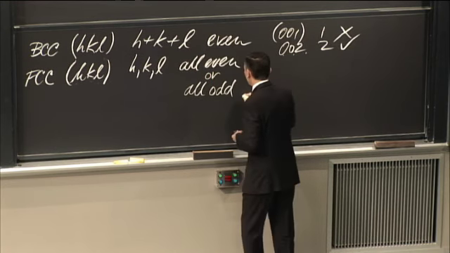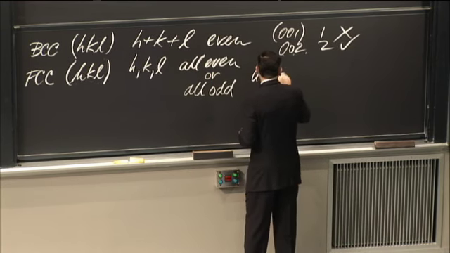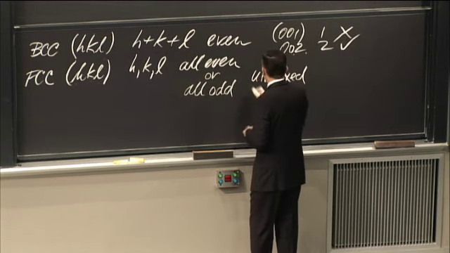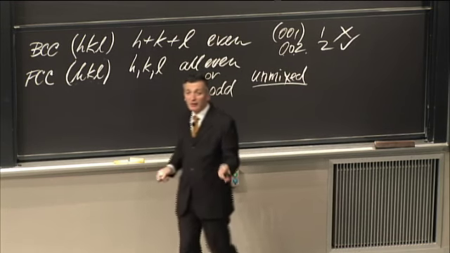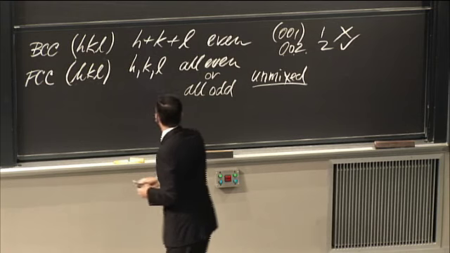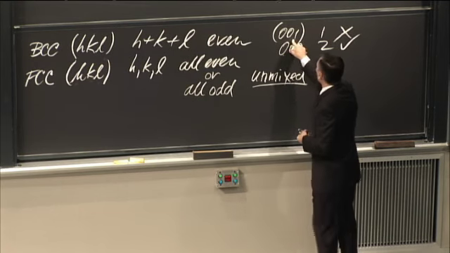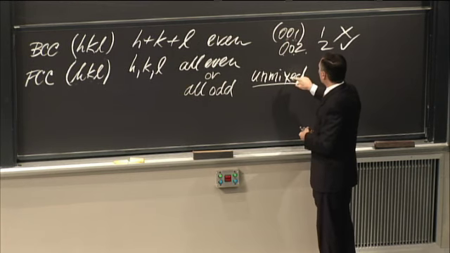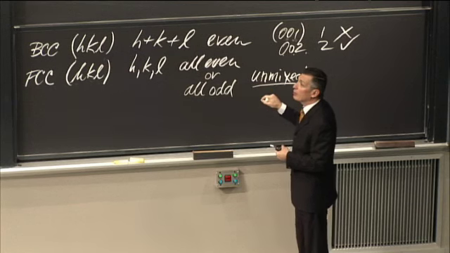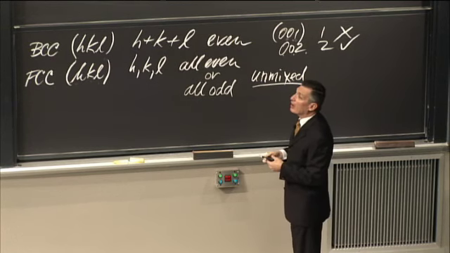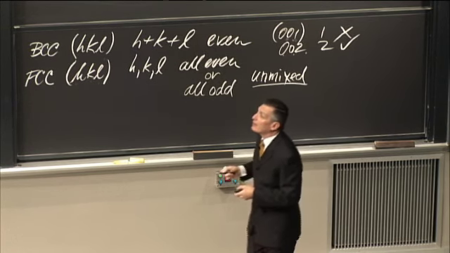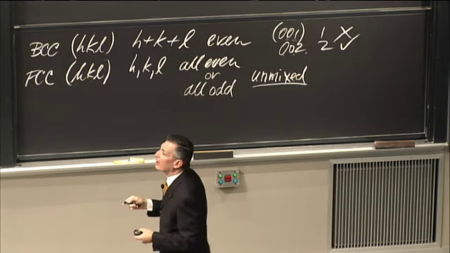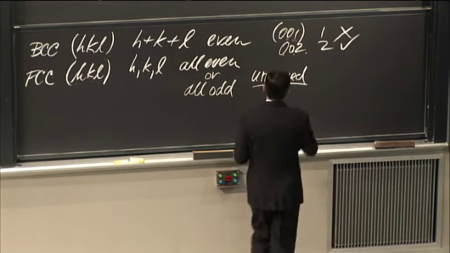Or some people like to say unmixed. Some crystallographers say unmixed, meaning you can't have a combination of even numbers and odd numbers. So for example, 001 won't work because 0 is even, 1 is odd. But 002, all even or all odd, there you go, unmixed, so this will work, and then so on.